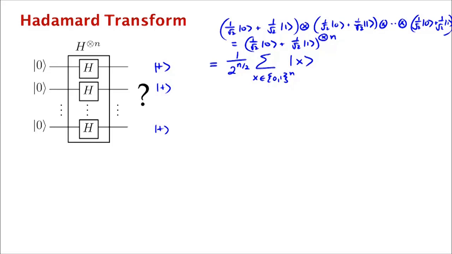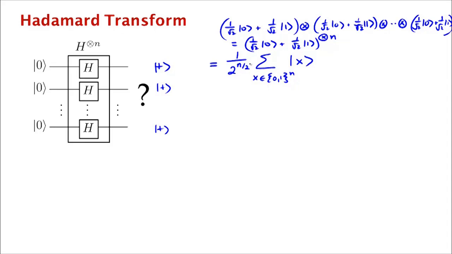Now if you multiply these out, what do you get? Depending upon which choice you take from each of these terms, you get some n-bit string, and what's its amplitude? You get 1 over square root 2 times 1 over square root 2, n times, which is 1 over 2 to the n over 2.